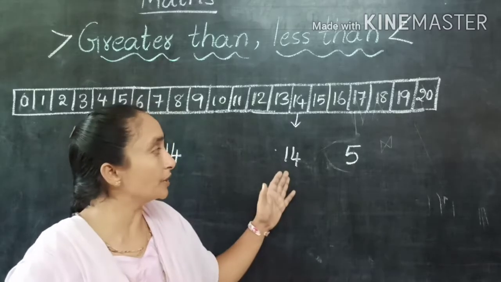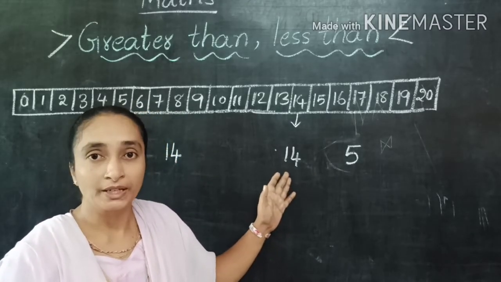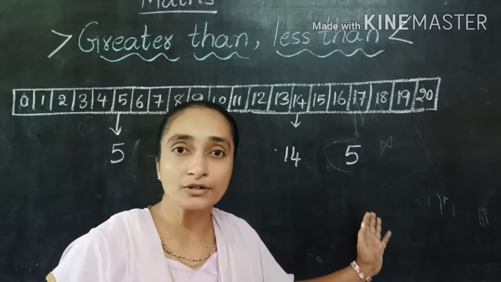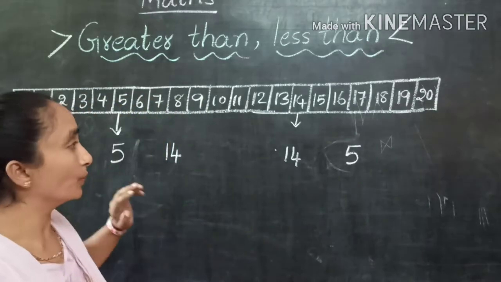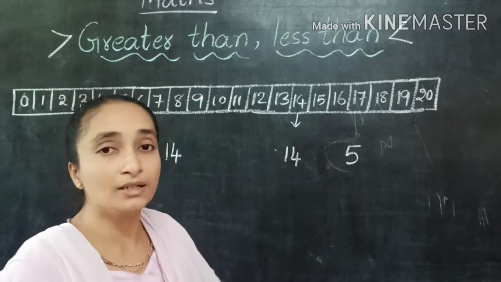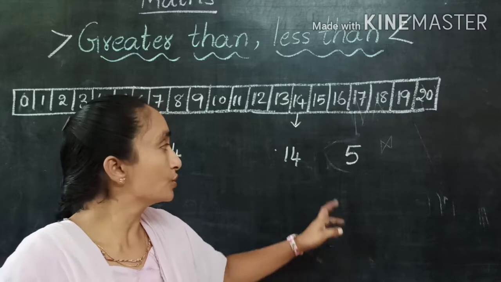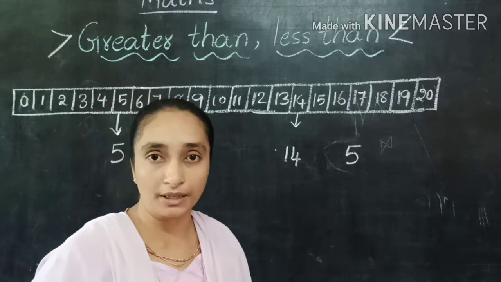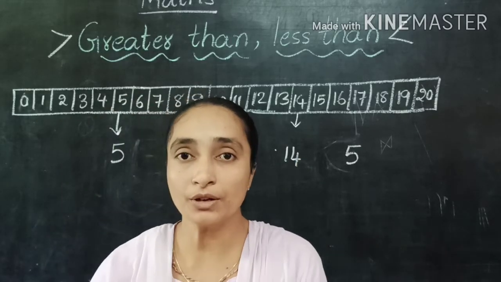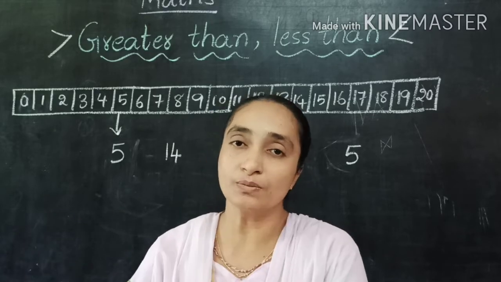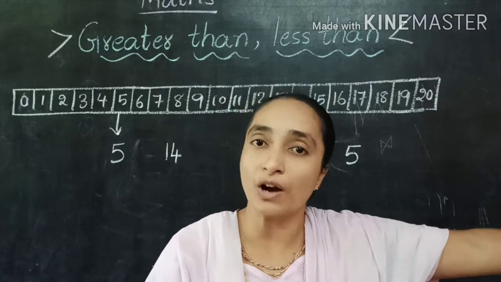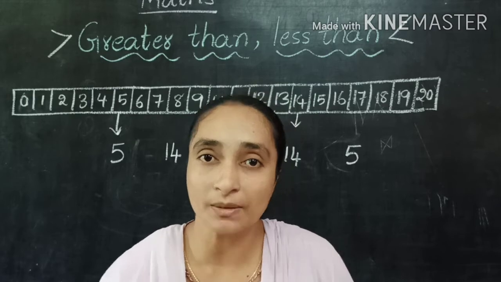The other number we have selected is 14. This number is far from the 0, farther from the 0, so this is the bigger number. The number which is near to the 0 is the smaller number. The number which is far from the 0 is called a bigger number.